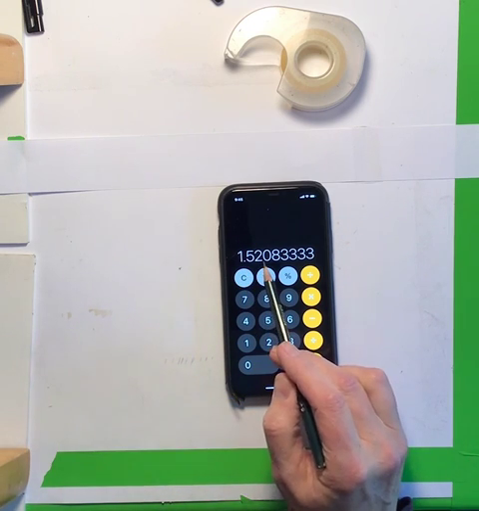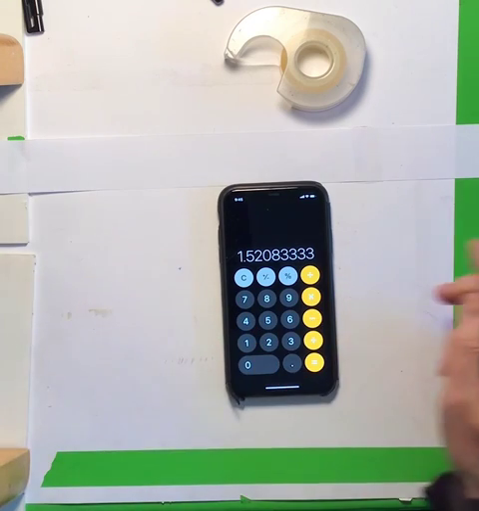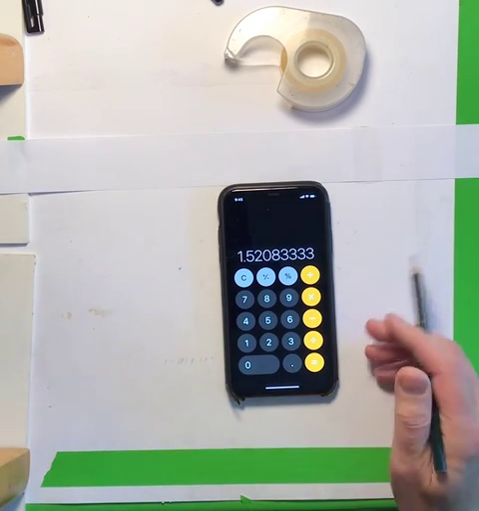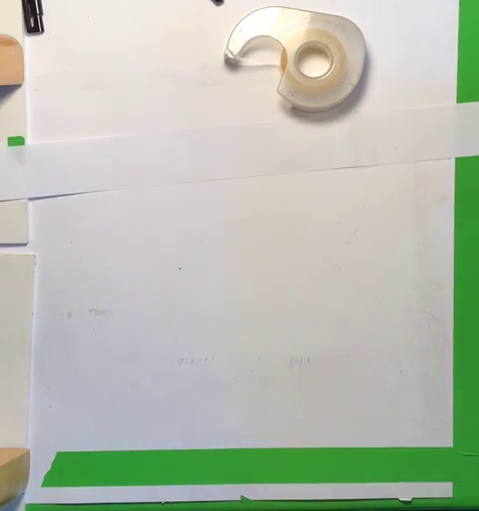So it's a little more than 1.5 inches would be the division of 12. So it's 12 cells. So I'm going to do this.